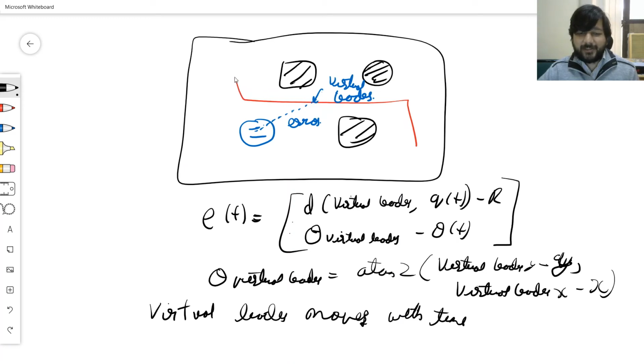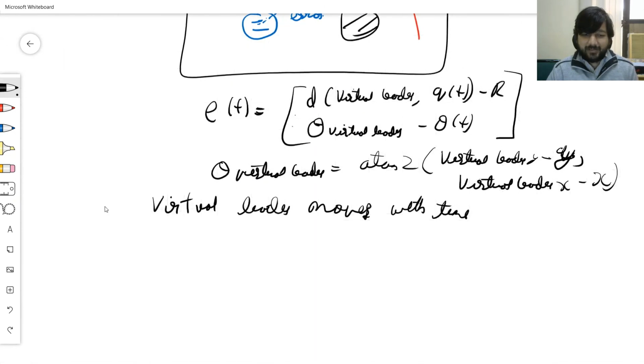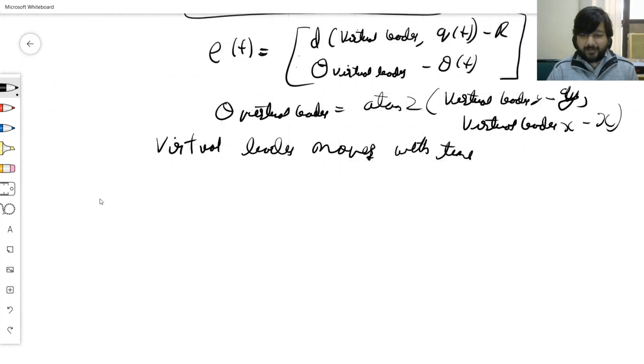So when the virtual leader is here, the robot would try to follow it here. When it's here, it will try to go here, and so on and so forth. So the virtual leader could be just a simulation program that follows this trajectory. It can take sharp turns, it can travel with whatever speed you want, and it can do everything which is possible. So the virtual leader has absolutely no constraints.